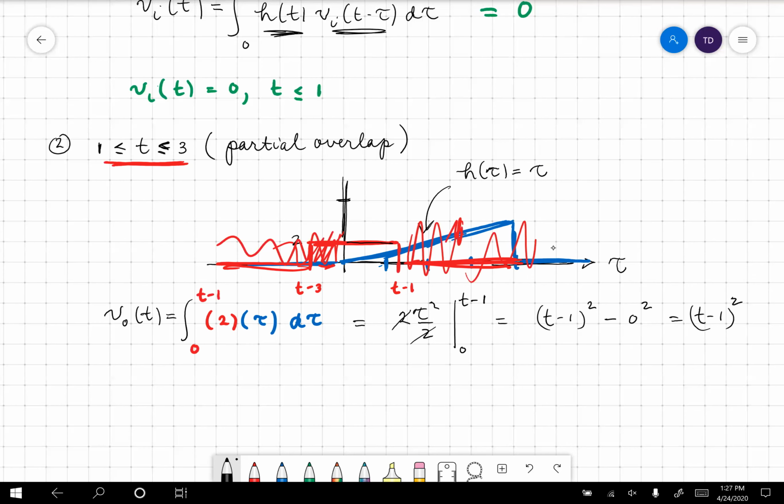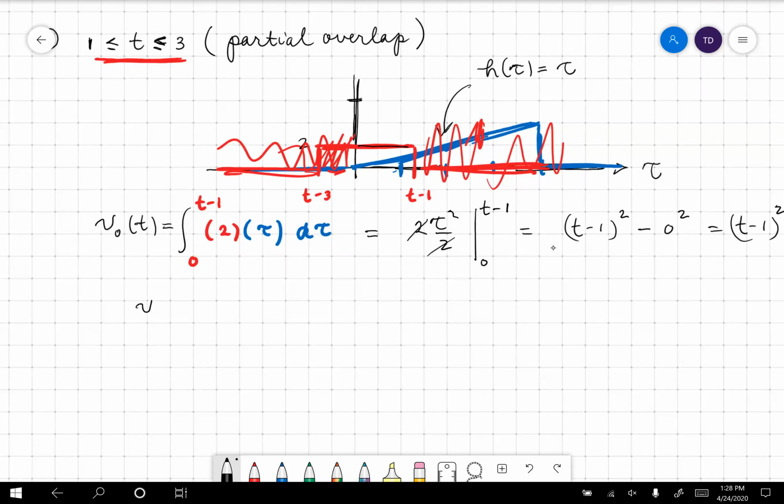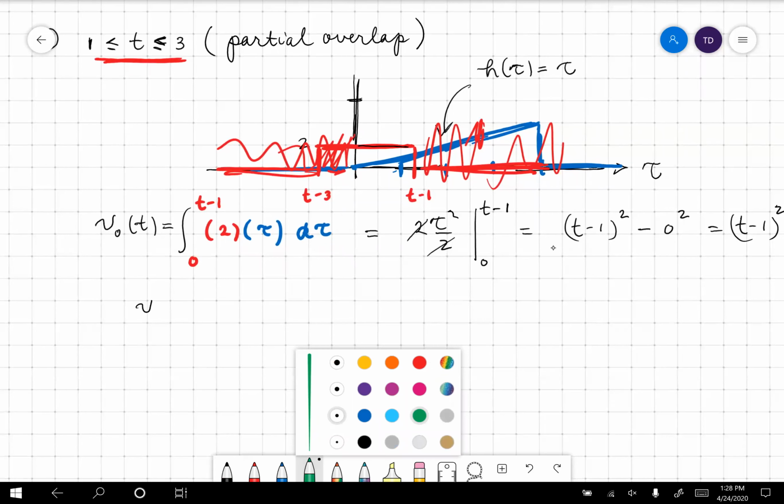Let's leave it just like that. t minus 1 squared is beautiful. So in this region, let's do them in green. I did them in green before. In this region, we know that v out of t is equal to t minus 1 squared, for 1 less than or equal to t less than or equal to 3.